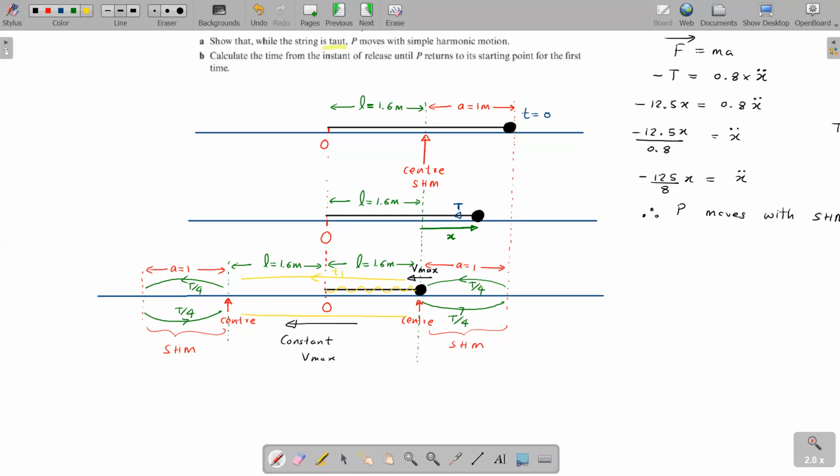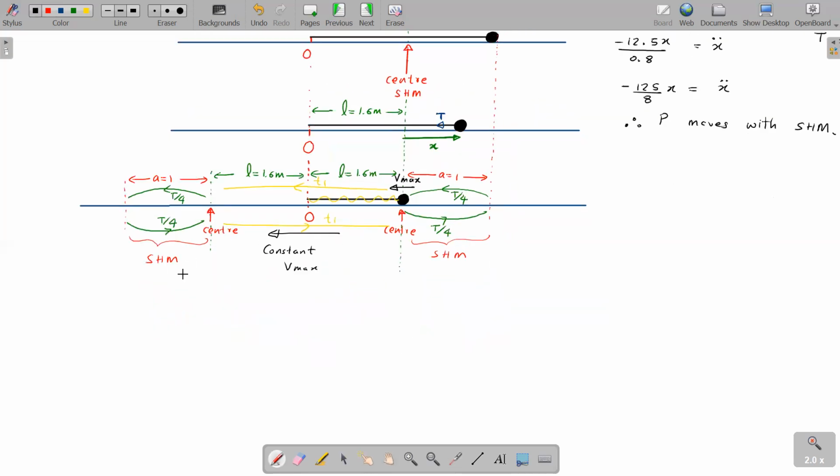And again, these two times need to be found. Coming and going, they are the same. The time taken to come from here to here is the same. Are you with me? So let's find the time taken to move on the SHM.